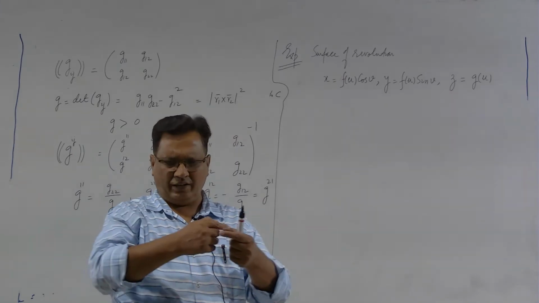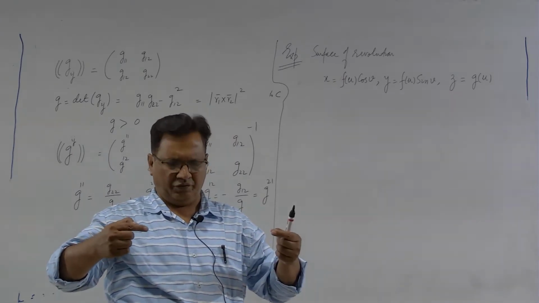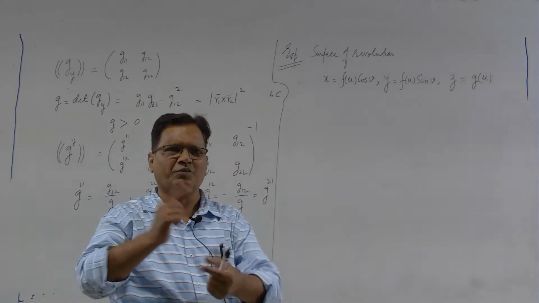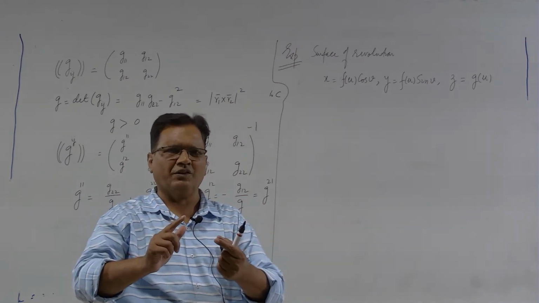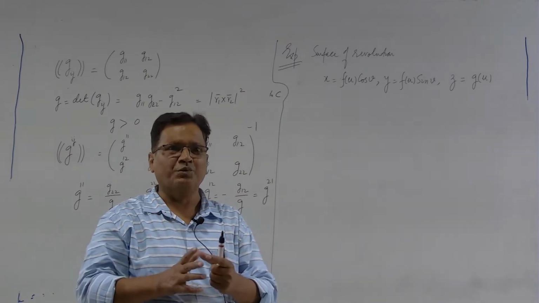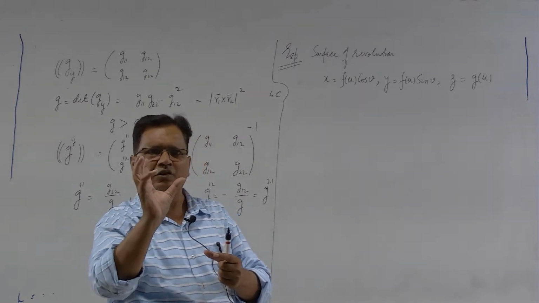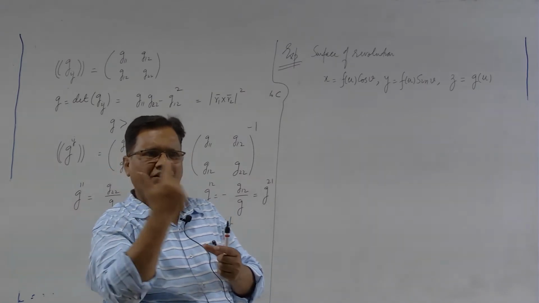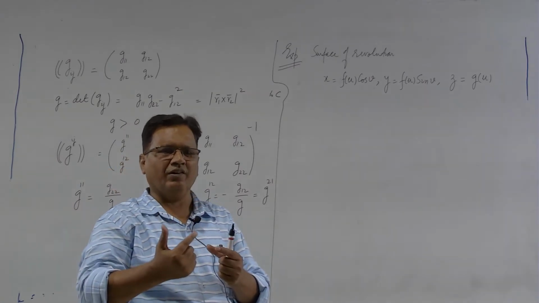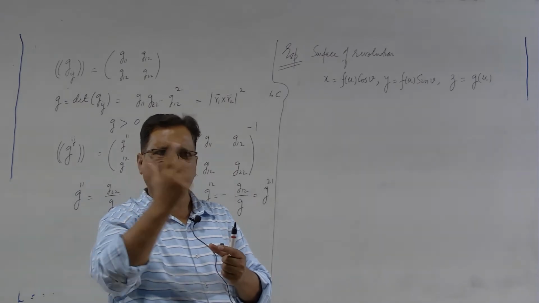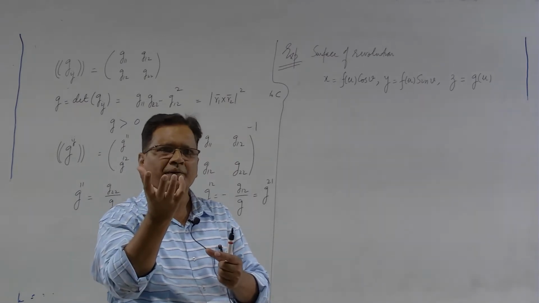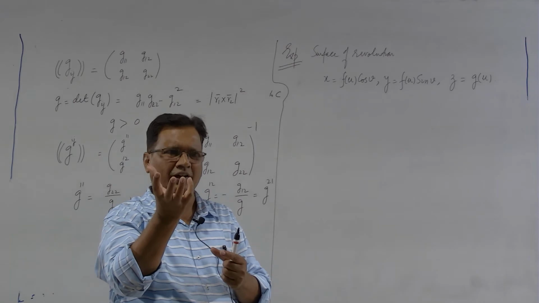Similarly, if you take a semi-ellipse and revolve it about its major axis or minor axis, in both cases you will get an ellipsoid. A parabola you take and then you revolve it around its axis, only one axis is there, you will get the shape of a cup, and that is a paraboloid.